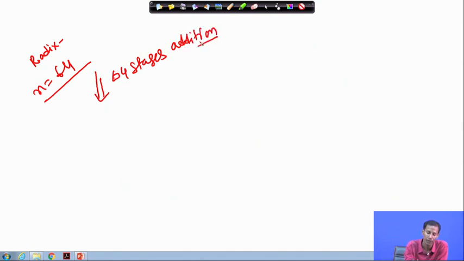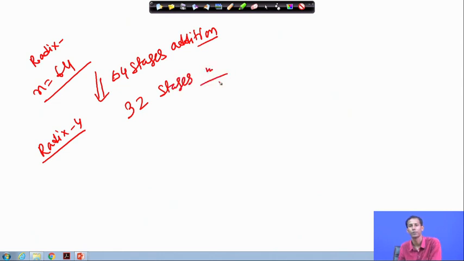If I use Radix-4, I still need 32 stages of addition operation, which is still more. So, can I increase the radix so that I can reduce these terms?